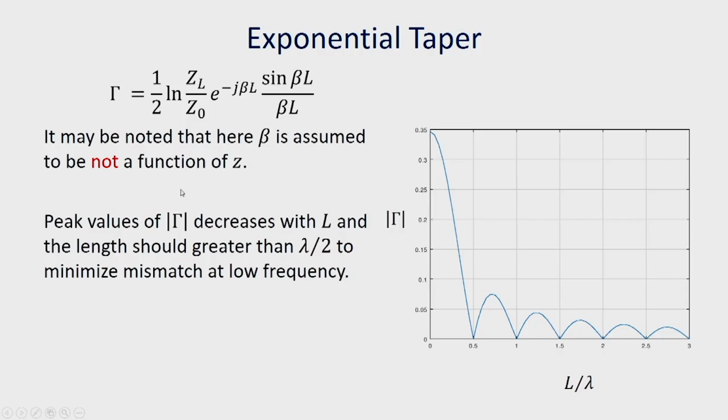In this module, we have discussed in detail some of the impedance matching techniques, starting with the lumped elements. Then we have seen matching with stubs. We have seen how impedance matching can be done using a quarter wave transformer. We have seen how we can design multi-section quarter wave transformer, and finally, we have seen how we can use taper line for doing impedance matching.